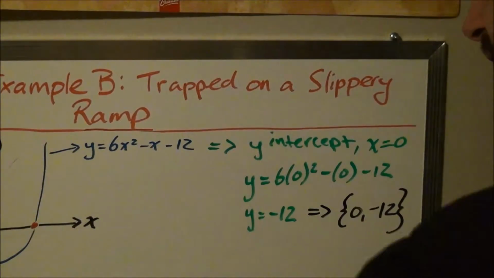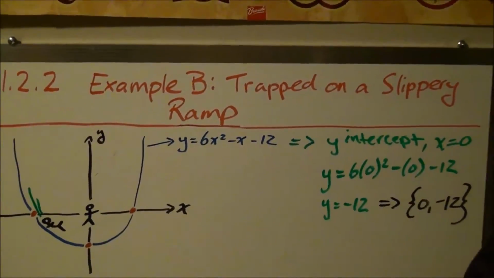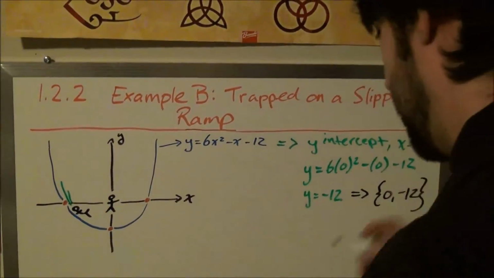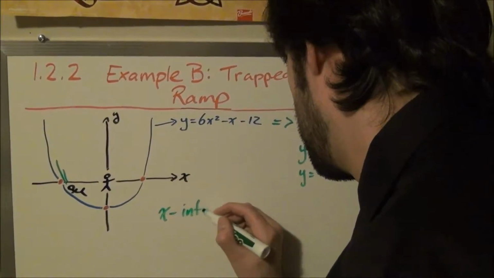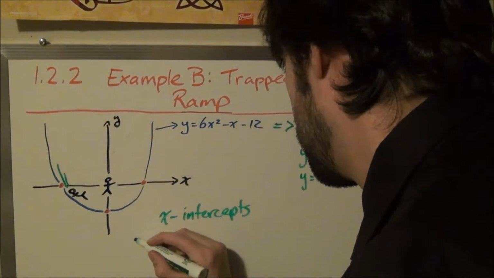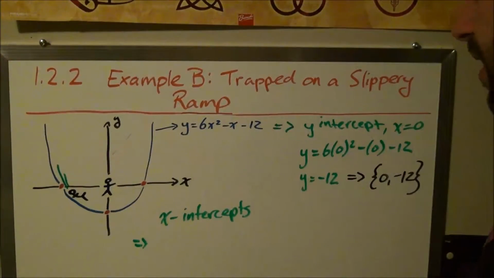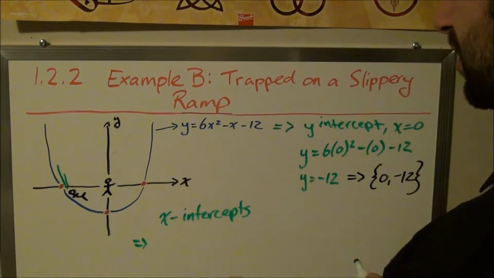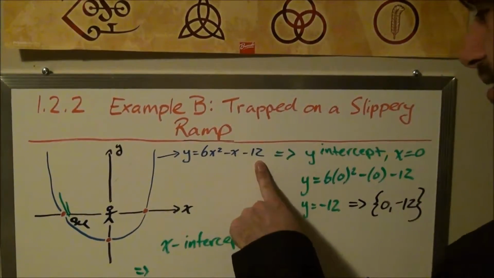Now, in order to find the x-intercepts, we're going to do this by factoring. So, for the x-intercepts, you may remember that earlier we wanted to set i plus j, and i times j, to equal to a times c.